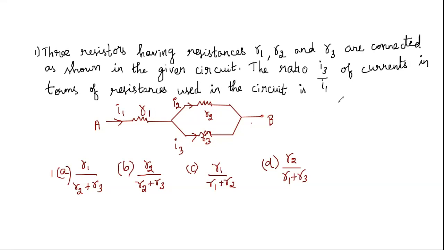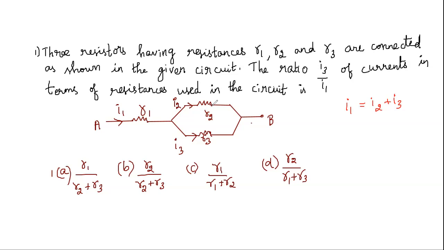So first of all, you need to write I1 equal to I2 plus I3. Here these two resistances are connected in parallel, which means the potential difference across these two resistances is the same. In a parallel combination of resistances, you will be having the potential difference as the same.